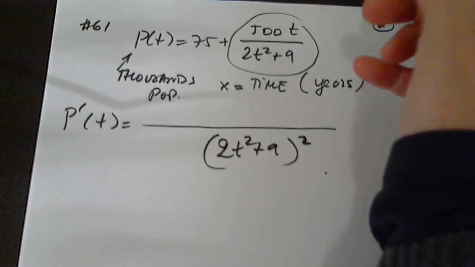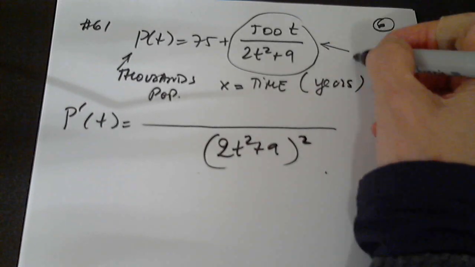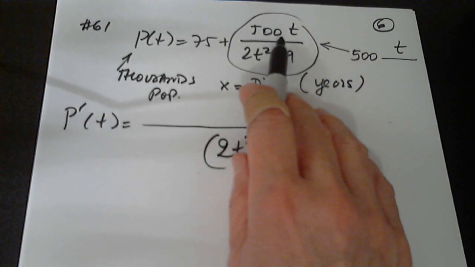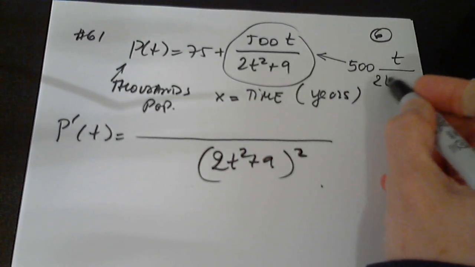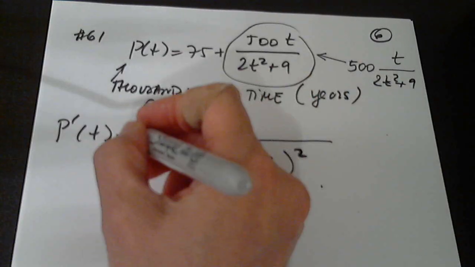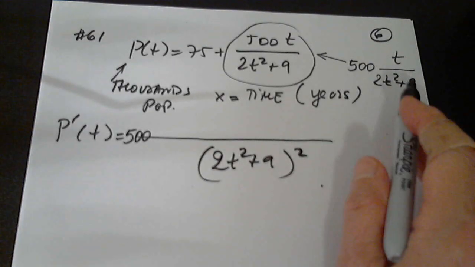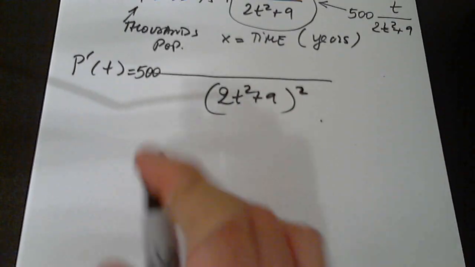500. I want to draw your attention to just this fraction for a moment. This can be rewritten like this, because it's just one term at the top. 2t squared plus 9. So I'm going to leave the 500 in front, so I don't have to carry it over. Stays outside patiently. It's a constant times a function. So let me write this rule.